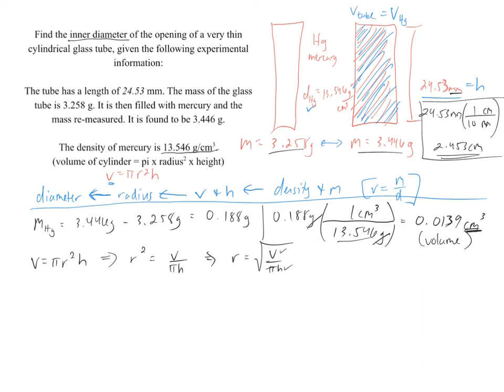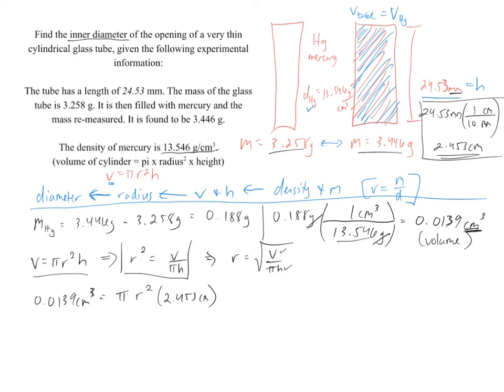So I'm going to fill in the fraction here. I'll fill it in from the beginning. So we got 0.0139 cubic centimeters equals pi times r squared, which we don't know, times the height, which we know now is 2.453 centimeters.